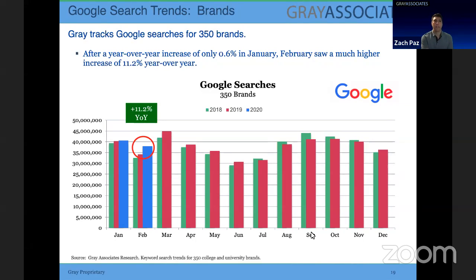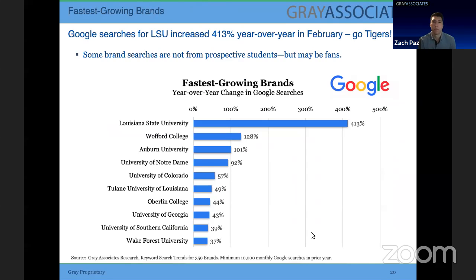If we look at the fastest growing brands, we have Louisiana State University still at the top of the list. I think they are still riding their win in the National College football championship. And you can see their year-over-year growth is 413% in February.